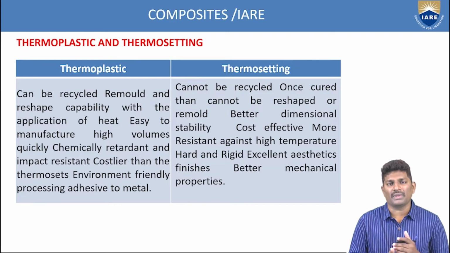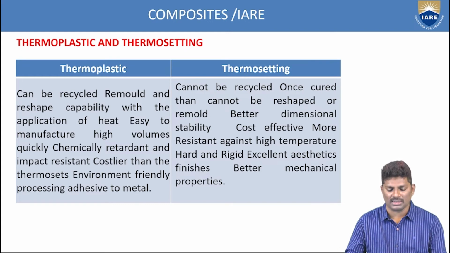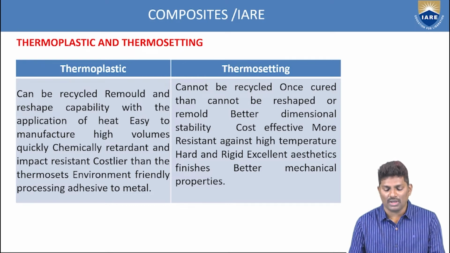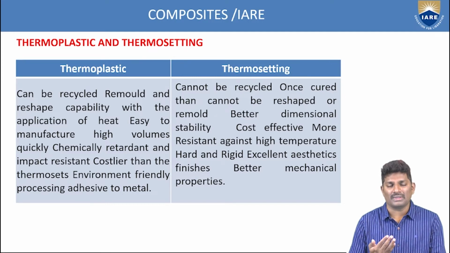So it is also very friendly for the environment. That is about the thermoplastic. And coming to the thermosetting, we cannot do the recycling process here. Once it is done in a single shape, it cannot be reshaped or recycled. So that is the drawback when you compare the thermosetting with the thermoplastic.